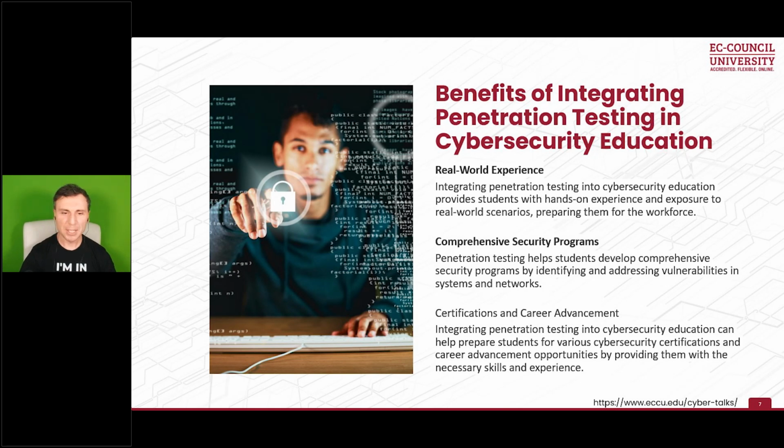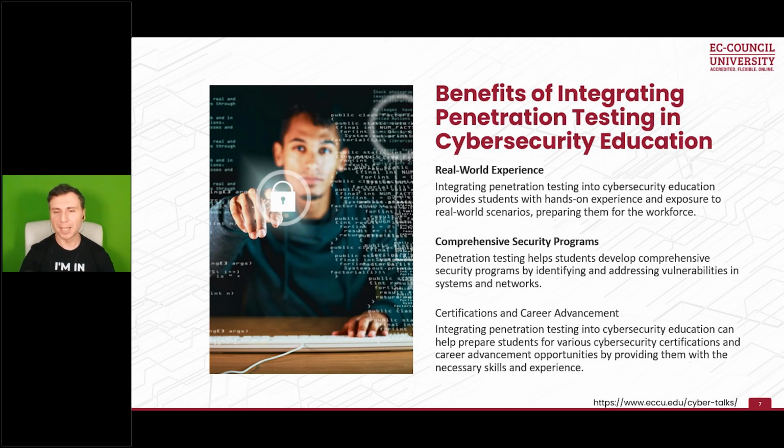All right. And one more thing, certifications and career advancement. When it comes to integrating pen testing into cybersecurity education, it will also help with preparation for different cybersecurity certifications. Again, I will have a separate slide about that, about certifications from EC-Council, but quite often students think that the certificate should open the door.